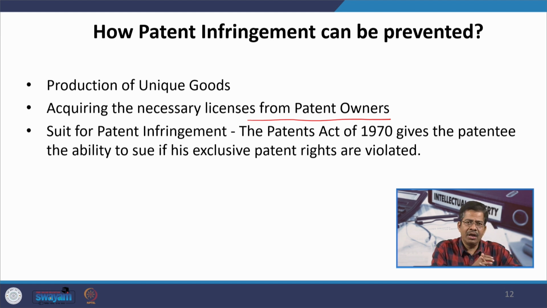So, for minimizing the patent infringement, it is important that if you got a patent, because out of three, one very important condition is that you need to have some kind of industrial application of your technology. So, rather than keeping your IP idle without any work, you need to make use of your IP immediately, and when you make use of your IP immediately, the chances of infringement get reduced.